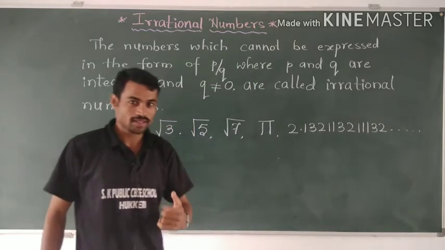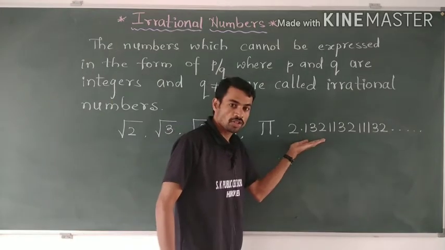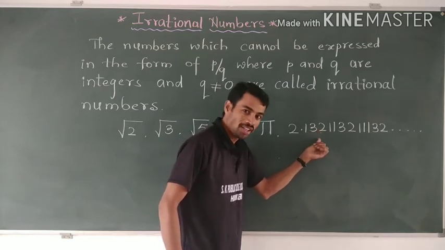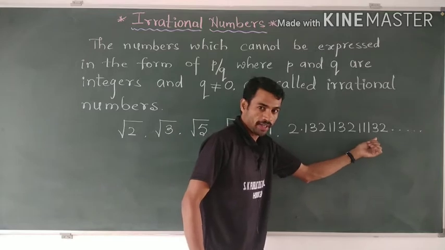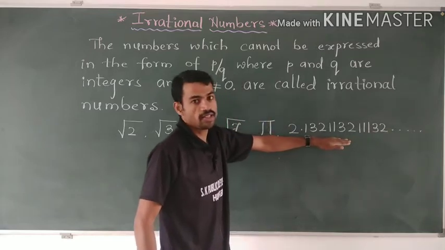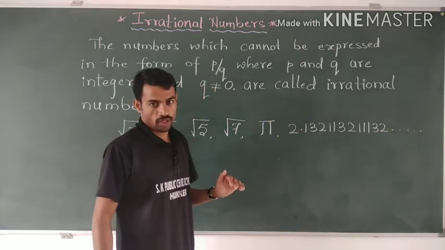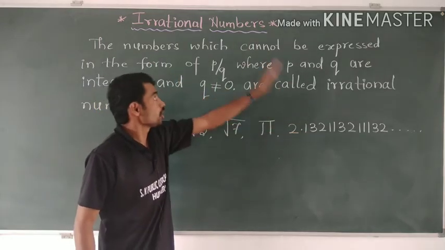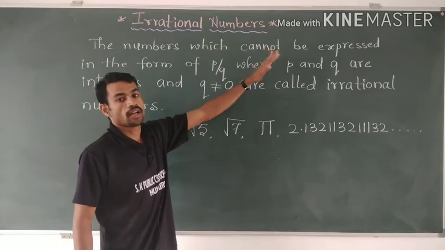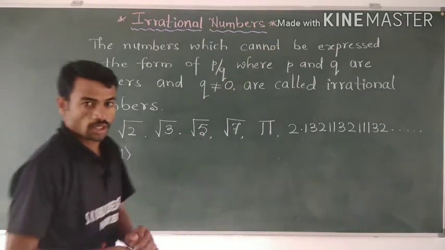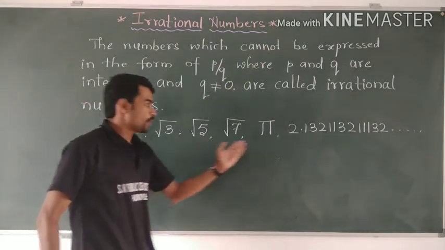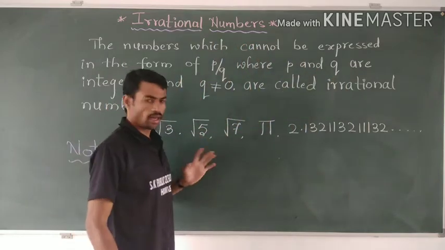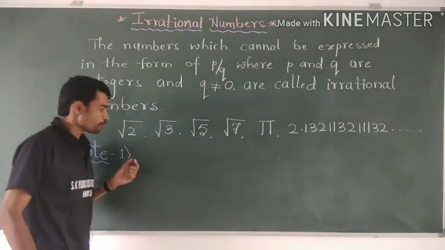As we have discussed, the decimal expansion of this number is non-terminating, non-repeating. That's why this is an irrational number. Clear? Dear students, this is the basic introduction to irrational numbers.